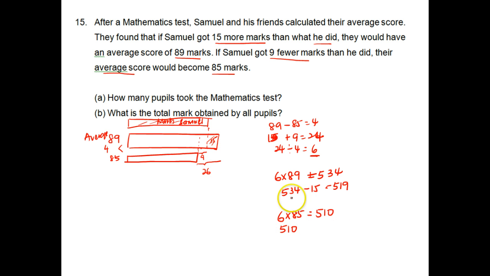I need to add a 9, which is 519. So the number of pupils is 6, and the total marks obtained by all the pupils is 519. So my A is 6 pupils, my B is 519 marks.